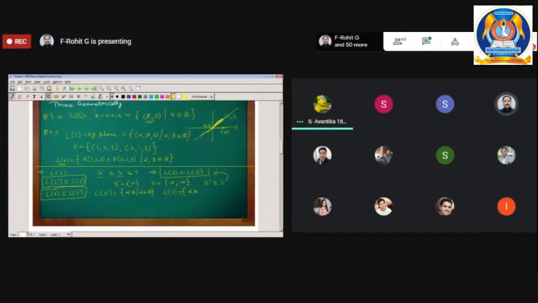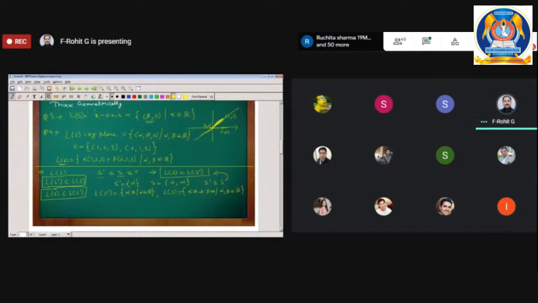Sir, alpha V plus beta W. And what are alpha and beta? They are scalars. Generally I am taking R, but you can take any field also.